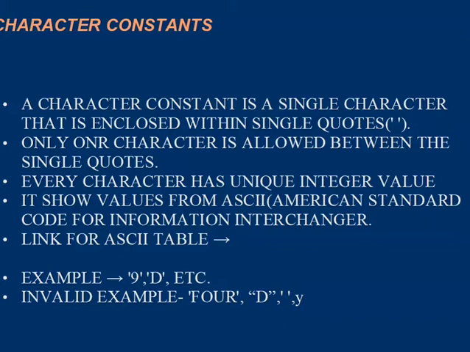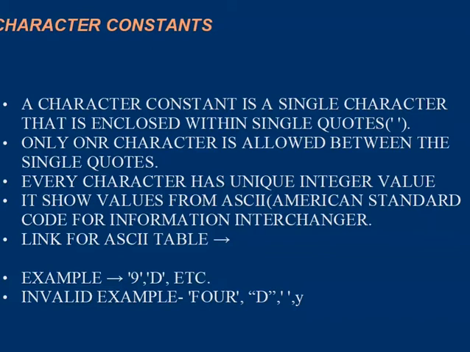It means the character constant which contains only one character has an integer value and these values are represented from ASCII. ASCII stands for American Standard Code for Information Interchange. Here we have some examples like 9, D, etc.